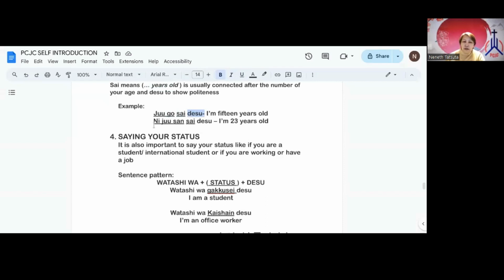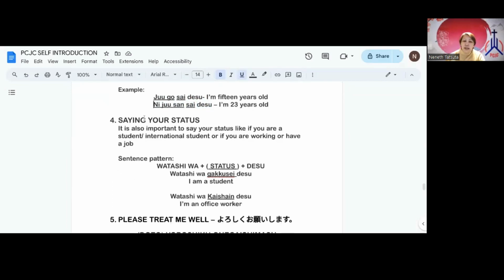Or for example, if you are 23 years old, Ni, Ju, San, Sai is the years old in English. Desu. Niju san sai desu. I'm 23 years old. So it depends on your age. So you know already how to say your age.